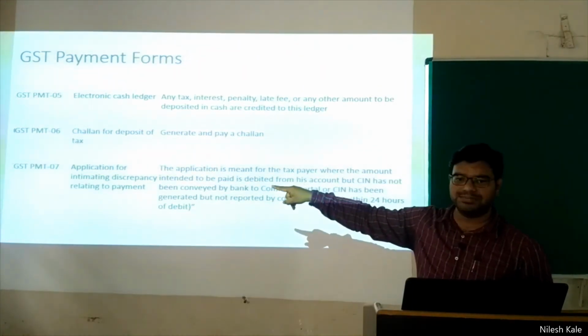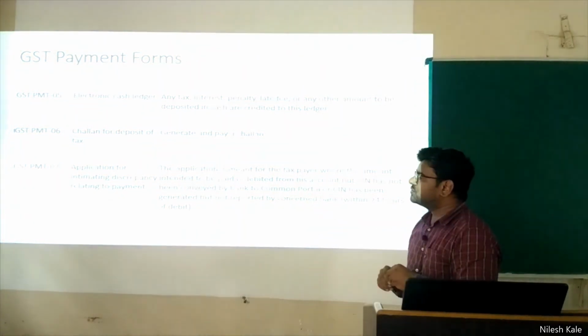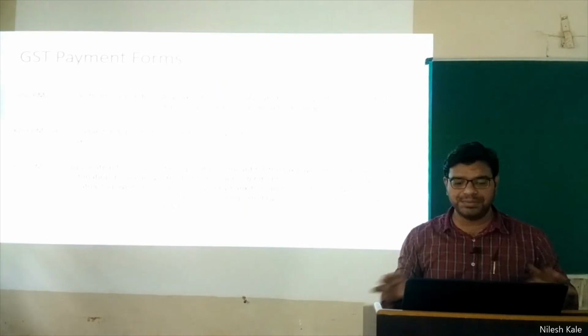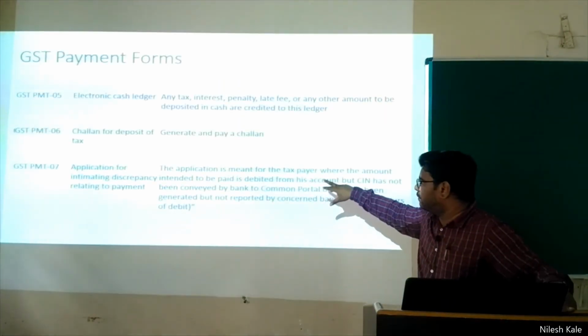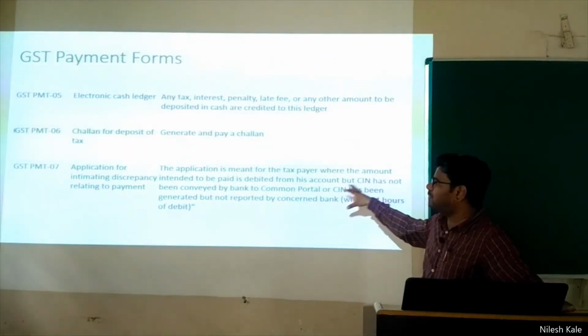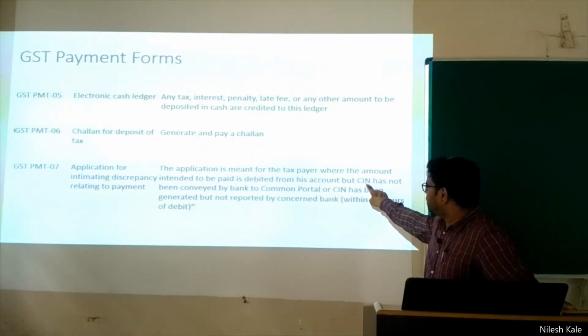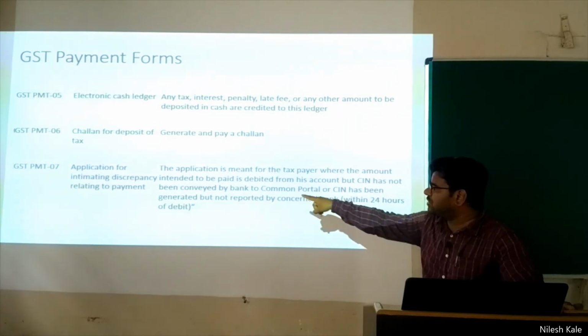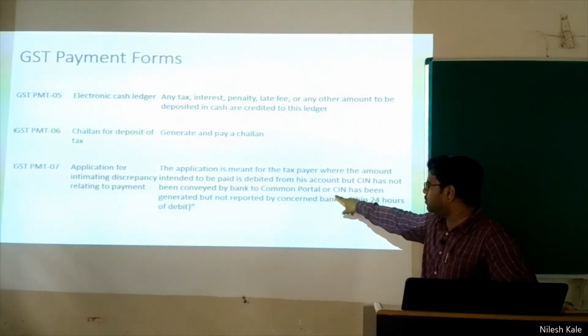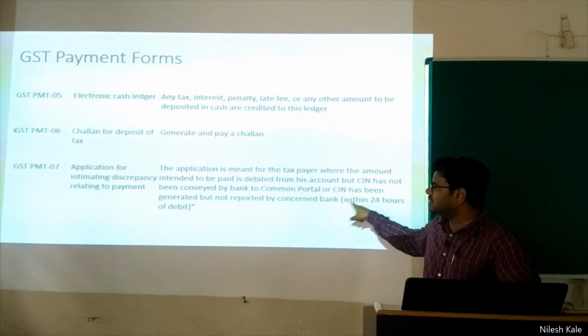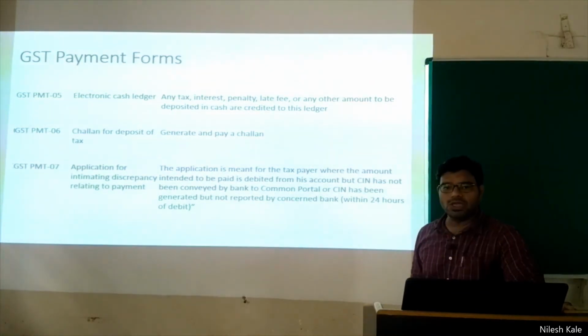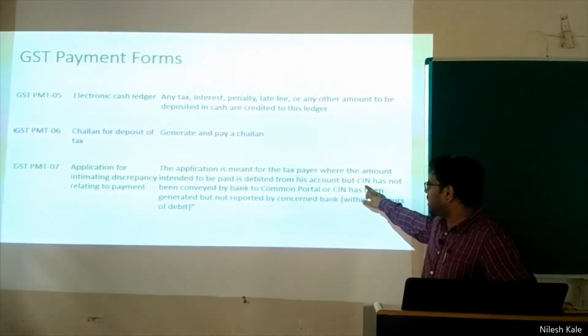Now PMT 07 is application for intimating discrepancy relating to payment. What do you mean by this? The application is meant for the taxpayer where the amount is intended to be paid and debited from his account, but CIN has not been conveyed by the bank to the common portal, or CIN has been generated. What is this CIN? Challan identification number.